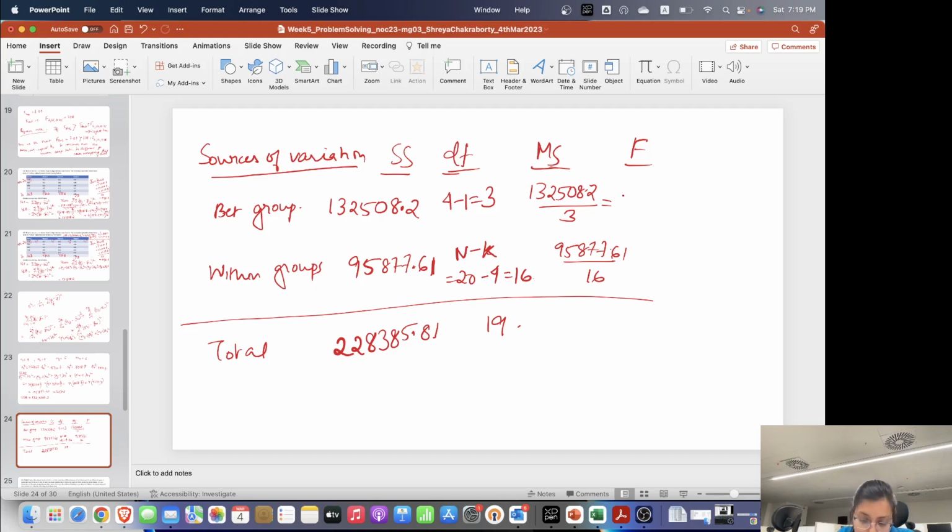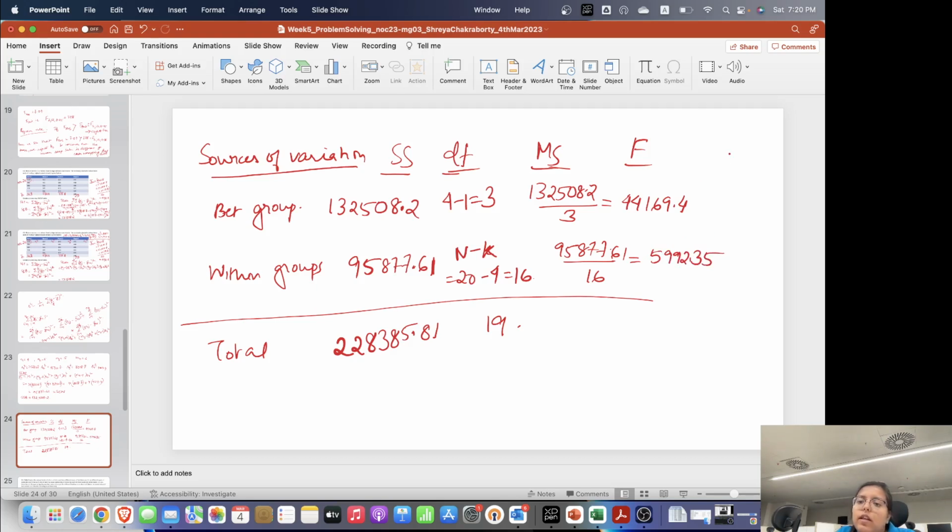Mean square for between groups is 44,169.4. And this one is 5,992.35.